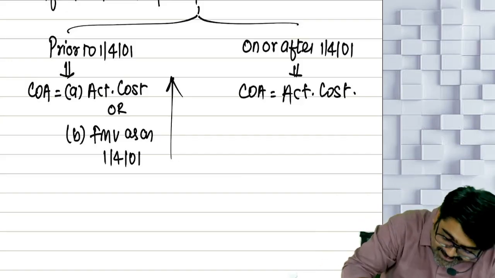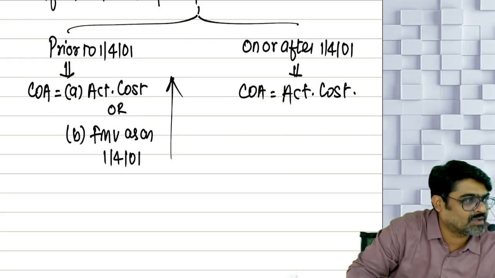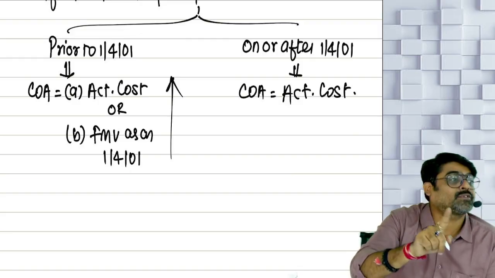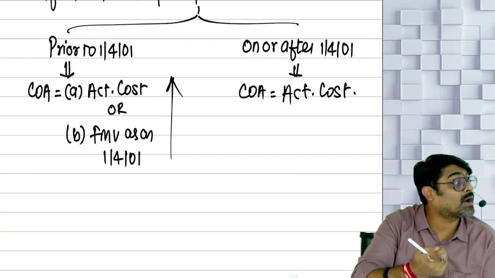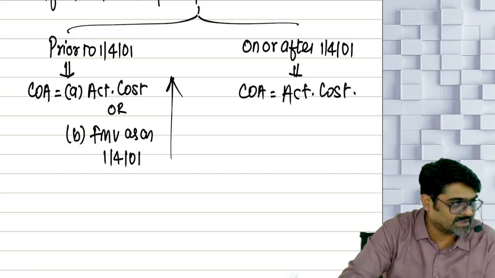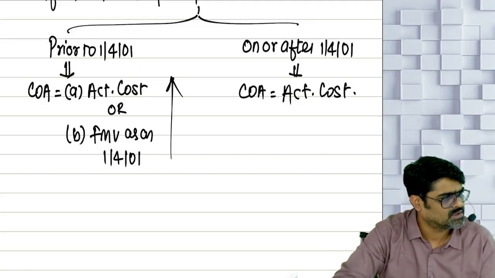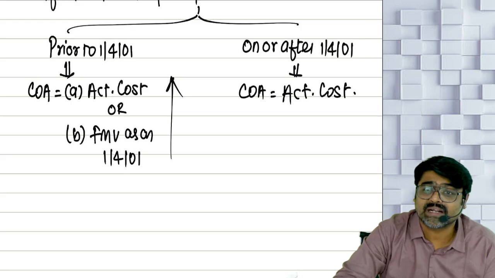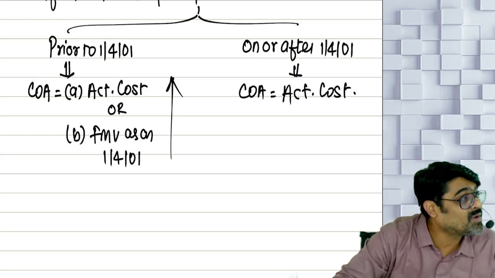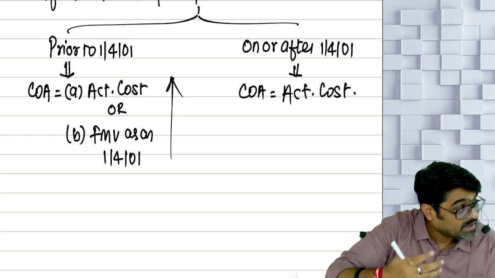Wait, now this fair market value which you are going to take as on 1st April 2001, there is a restriction that in the case of immovable property which was purchased prior to 1st April 2001, you can take the fair market value as on 1st April 2001 as cost. But that fair market value cannot be more than the stamp duty value of that asset. Which value? Stamp duty value of that immovable property as on 1st April 2001, if available.